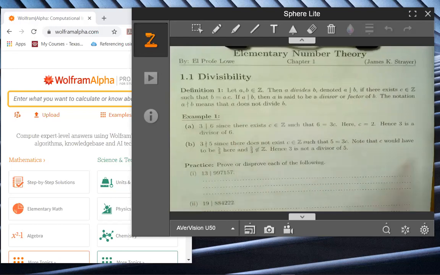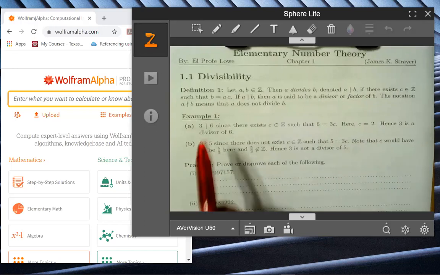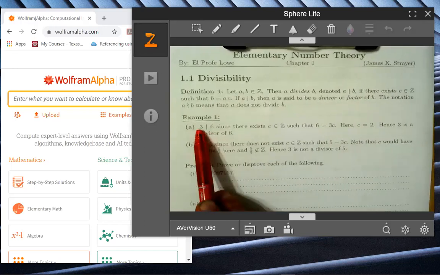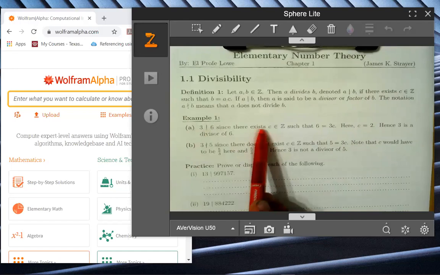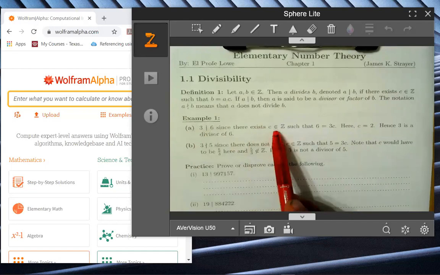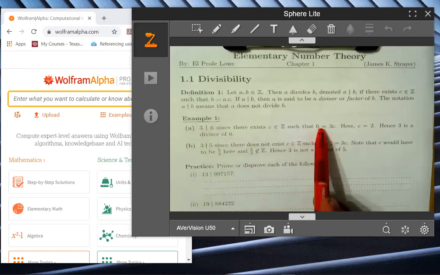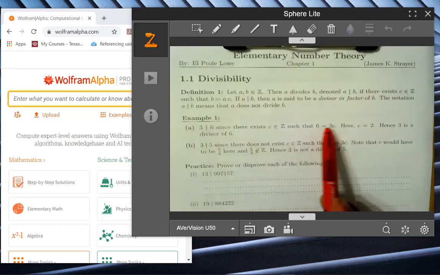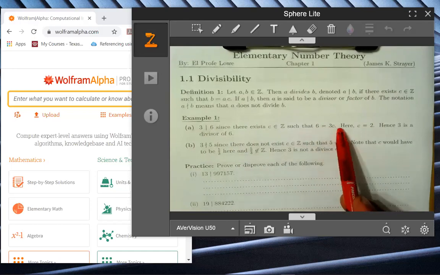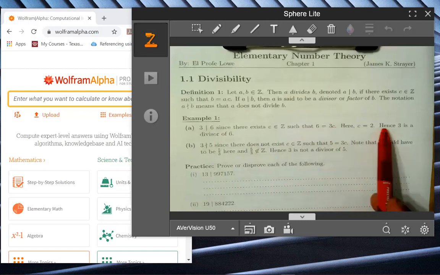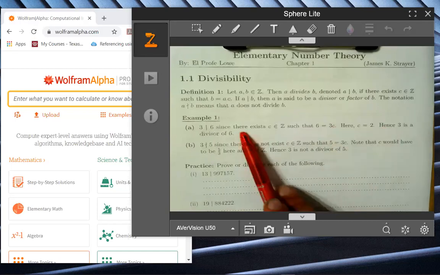So, simple examples to start with. We say that 3 divides 6 since there exists an integer C such that 6 is equal to 3 times C. In this case, C is equal to 2. So we'd say that 3 is a divisor of 6.